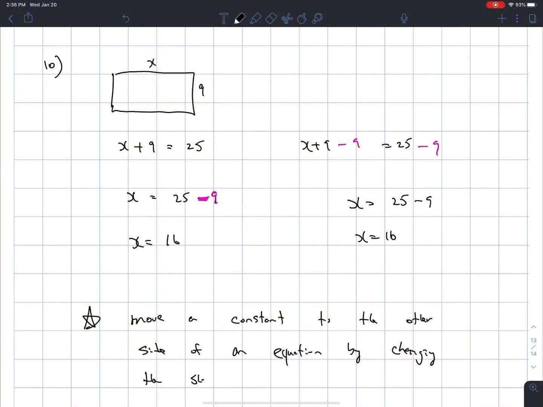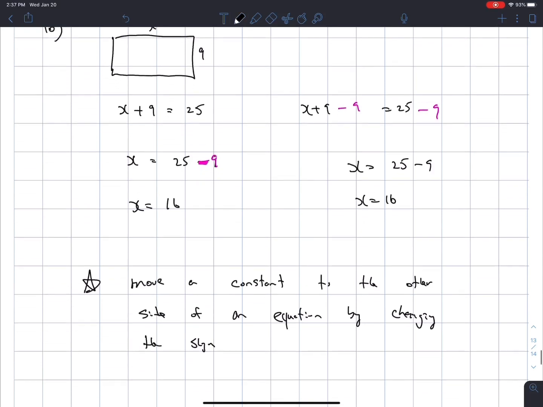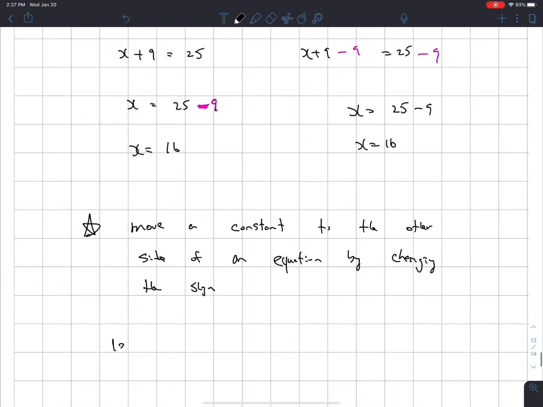So in this case, from positive, it becomes negative. When I move it to the other side, it just went from positive to negative, okay? So we can say that the length is 16 centimeter for question 10.